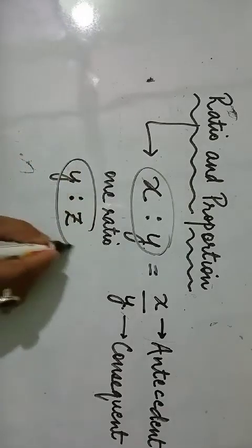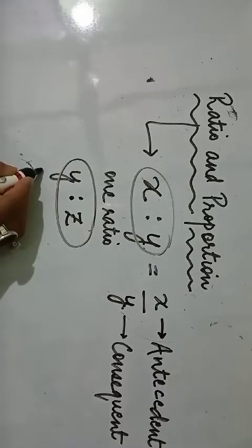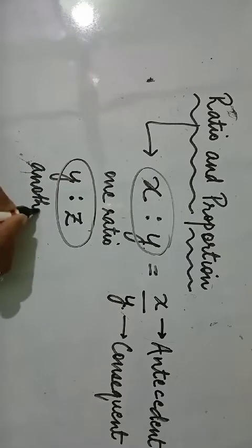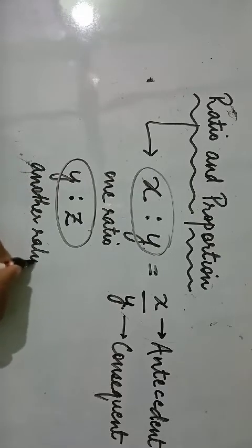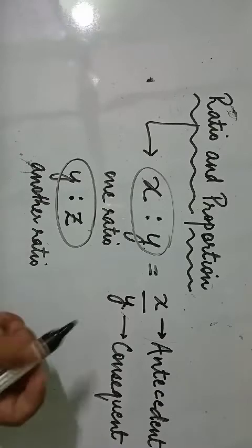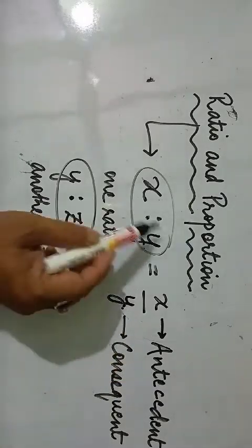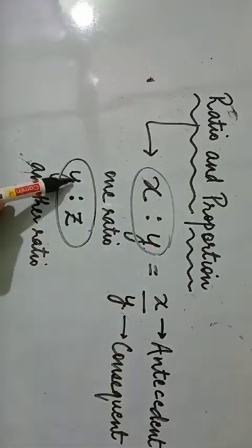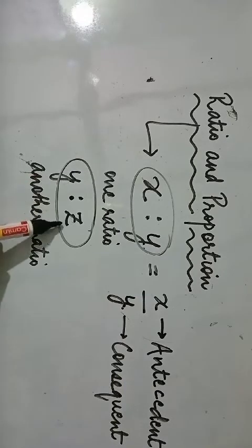Is this another ratio or not? Yes, this is another ratio. Just like we had antecedent and consequent in the first ratio, we will also have antecedent y and consequent z in this particular ratio.